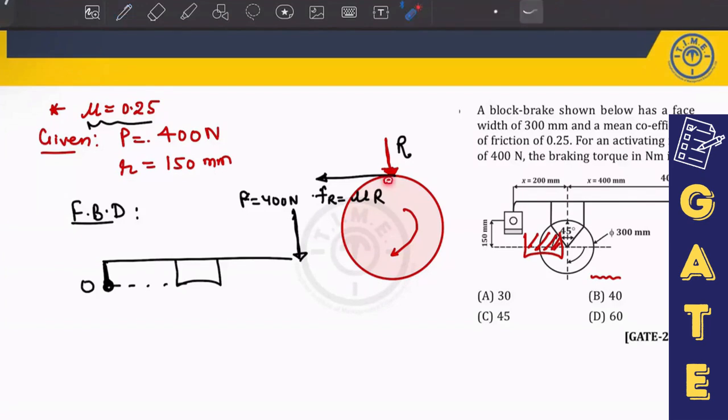Now if this point has friction in this way, what will be the friction force on the shoe? Will it be towards the right or left? In the direction of the friction force on the shoe.